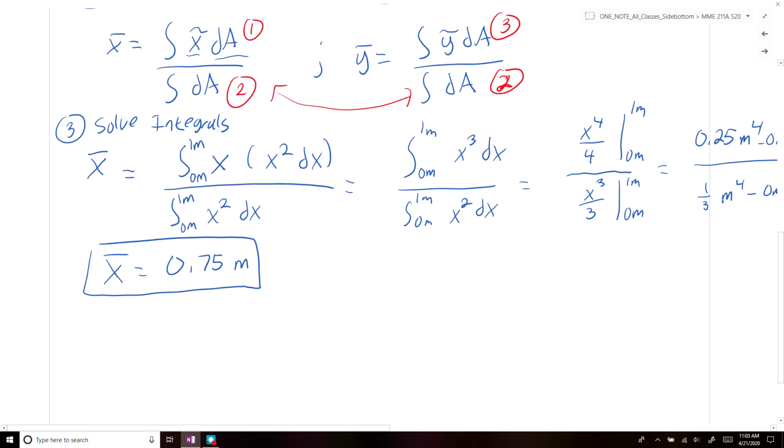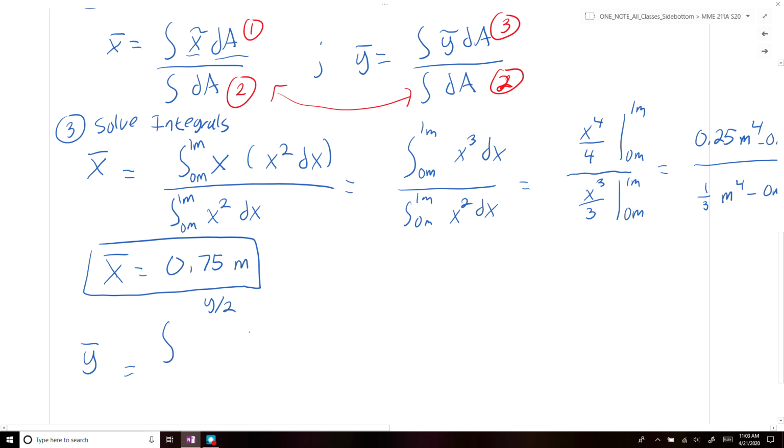And then we have to do the integral for y bar, or use the formula for y bar. So that would be equal to the integral of y tilde, which we know is equal to y over 2.